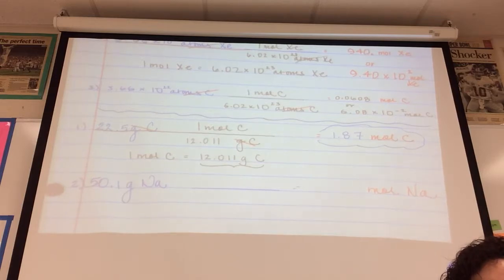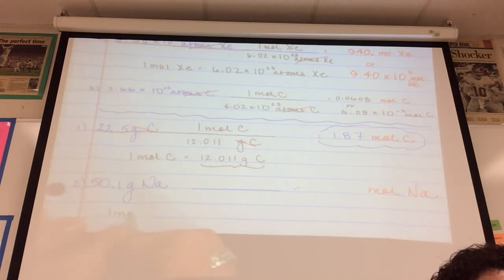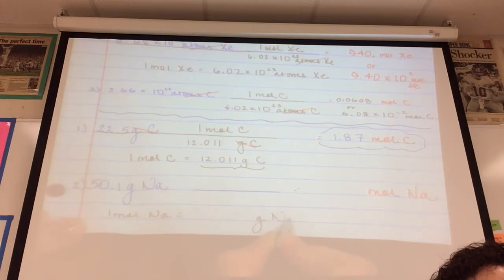What am I going to do? Okay. So 1 mole of sodium is equal to what mass in grams? It's right in your notes.